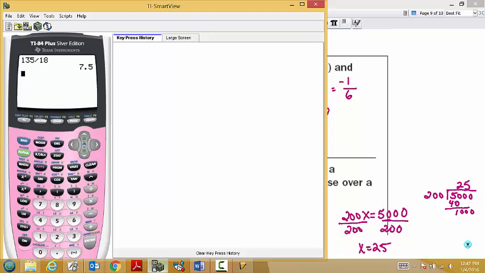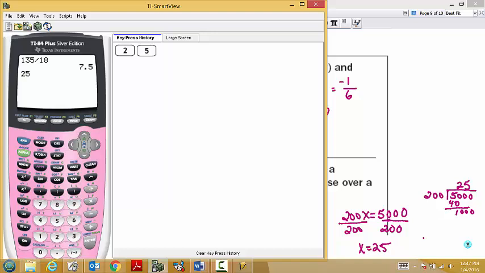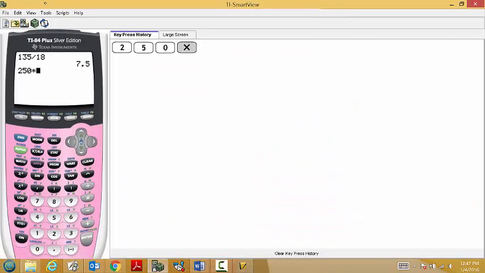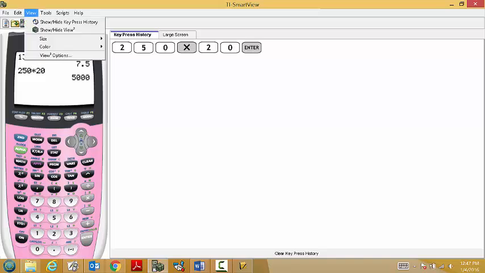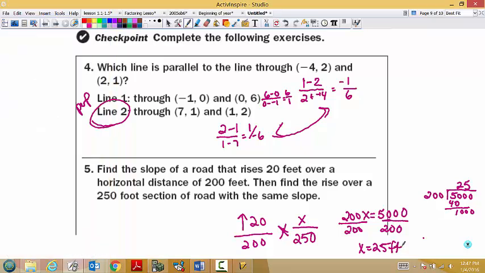Wait, I did that completely wrong. No, I didn't. No, I did it right. 250 times 20 divided by 200. Yeah, I'm good. Okay. 25 feet. And I think that's the end. Yes, it is.